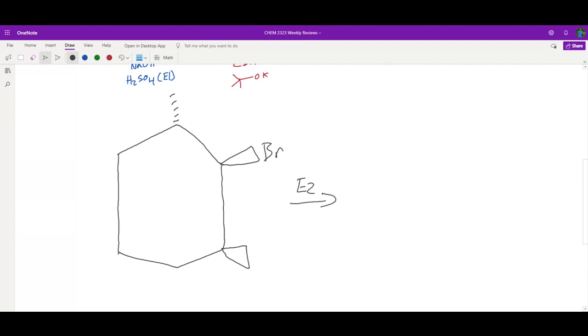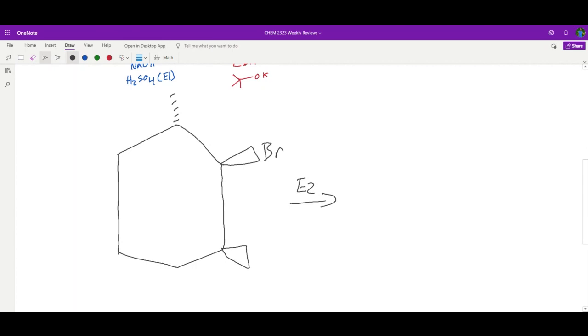Okay, so remember, E2 has a strong base, and in this scenario, we don't have to worry about the more substituted or less substituted, because all positions, actually that's incorrect. Yeah, either side will have the same amount of substituents, so we don't need to worry about that. All we tell you is that it's E2, okay?